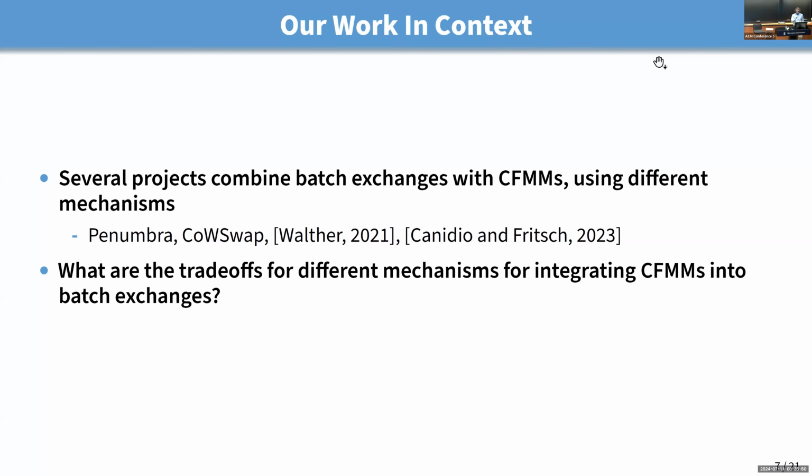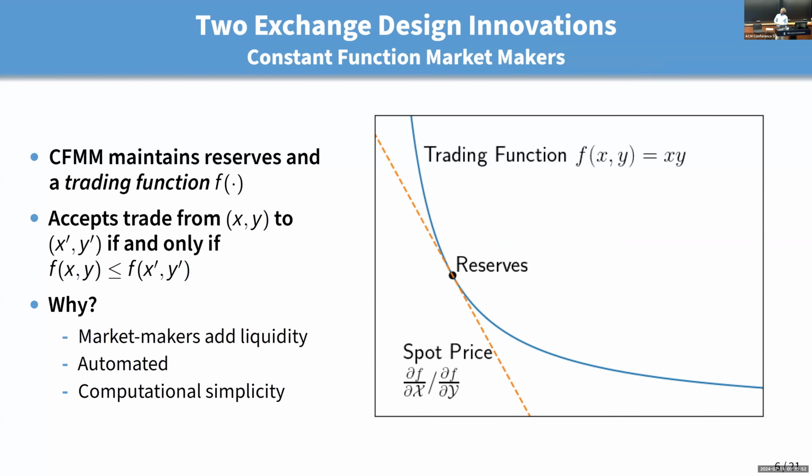If you think of the amount of assets x and y that you have, that maps to a point in the xy space, and then this constant function market maker will accept a trade if and only if you stay above this blue line. You can think of the slope of this line as the spot price, which is the exchange rate that you get for an infinitesimal size trade.